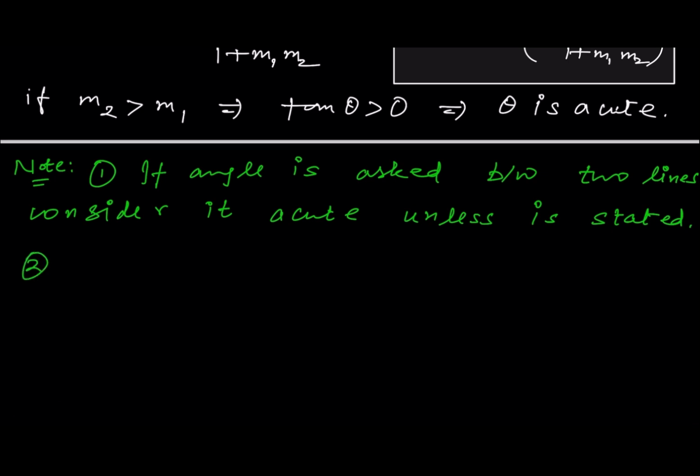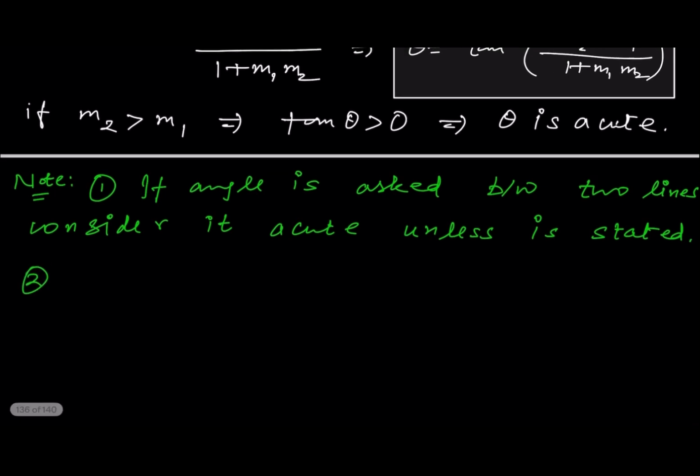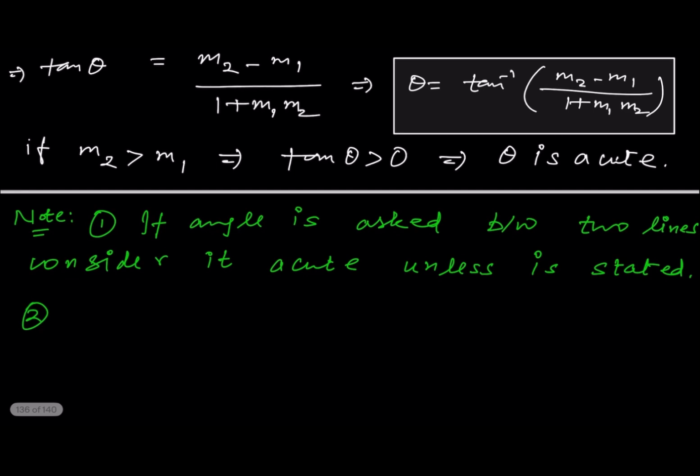also note 2. When two lines intersect, there are two angles. One is acute and one is obtuse. So in this figure, if this theta is acute, then this is also an angle between the same lines, say phi, and it is obtuse.